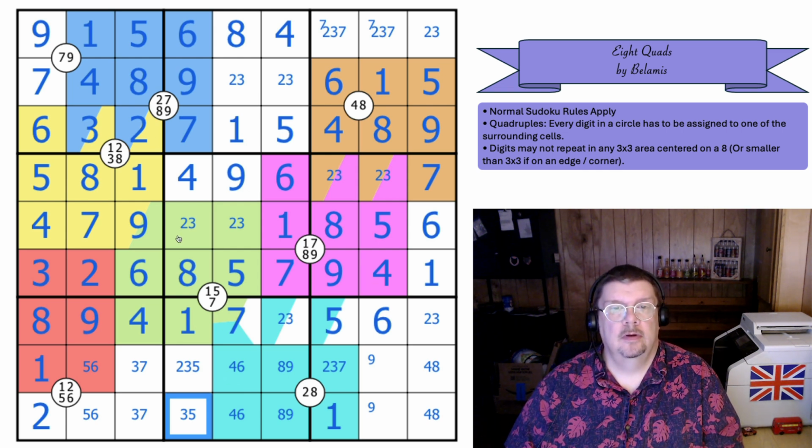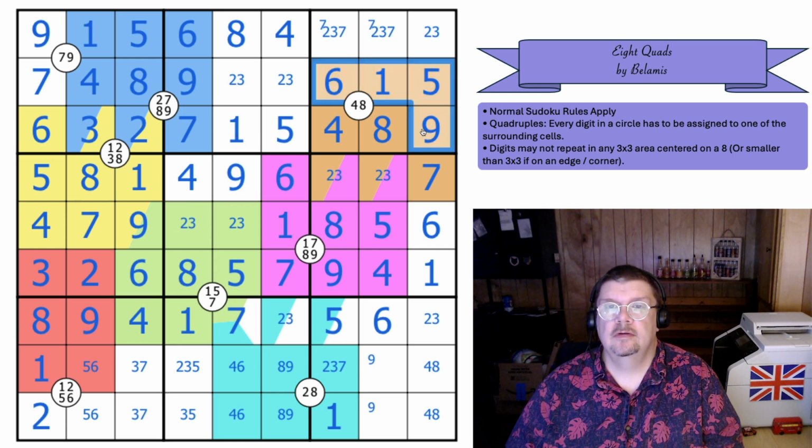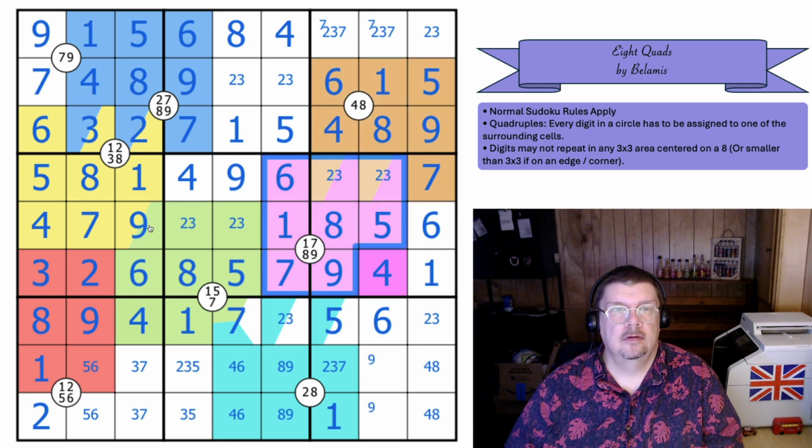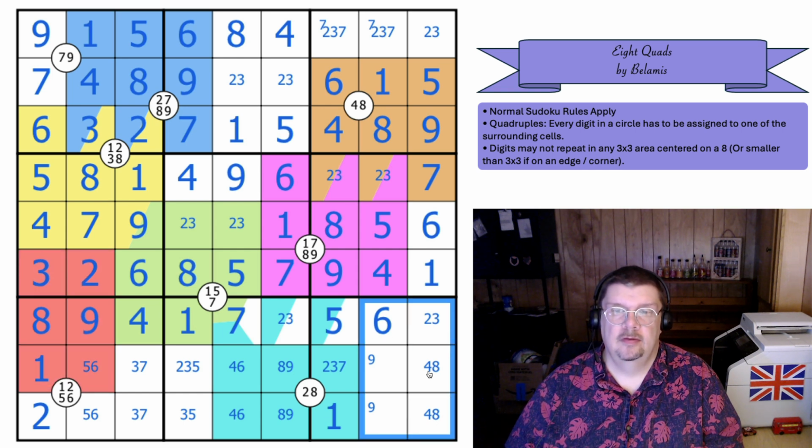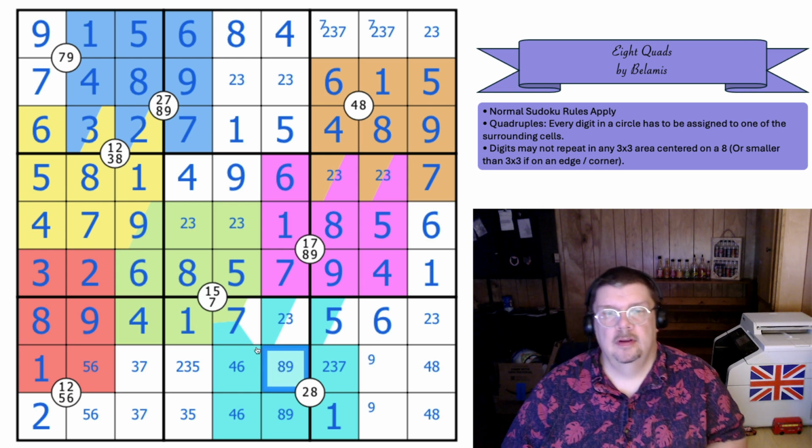Let me just double check my known boxes or extra regions. That one looks good. That one looks good. That one looks good. That doesn't have any repeats. That's not going to have any repeats because either way. So it's got to be something to do with this.